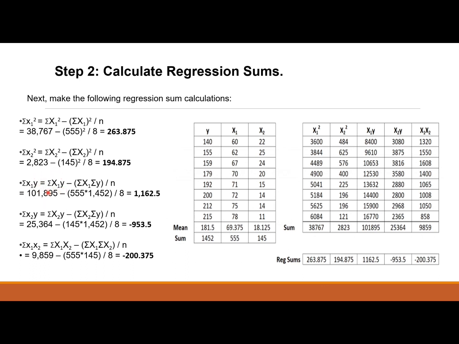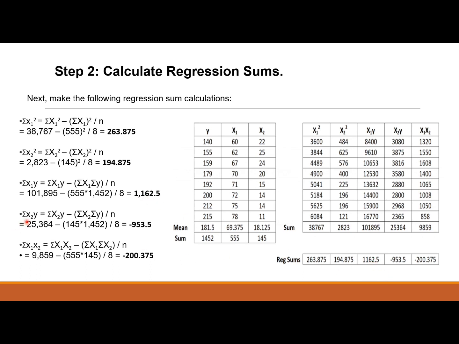Same process with the rest of the equations. For the summation of x1 multiplied by y, we get the regression sum of 1,162.5.